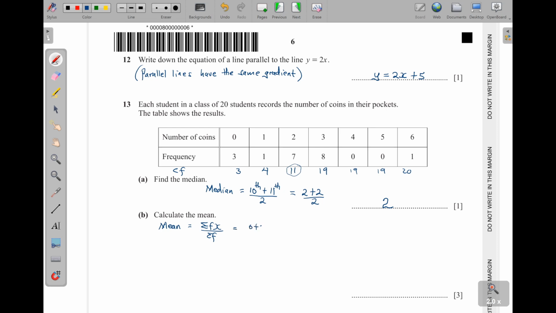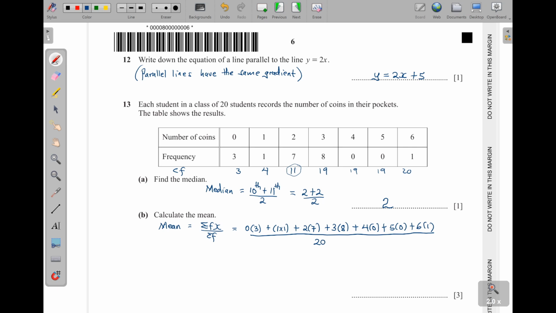Instead of saying 0 plus 0 plus 0, and 2 plus 2 plus 2 seven times, where I will be wasting time, what you do is get 0 times 3, then 1 times 1, then 2 times 7, 3 times 8, 4 times 0, 5 times 0, and then 6 times 1. Then we divide all of this by 20.